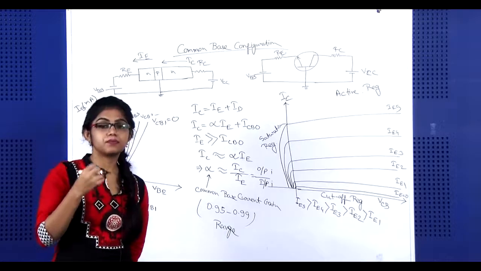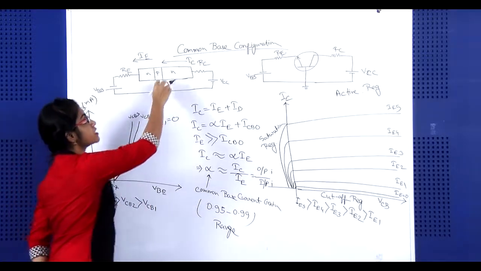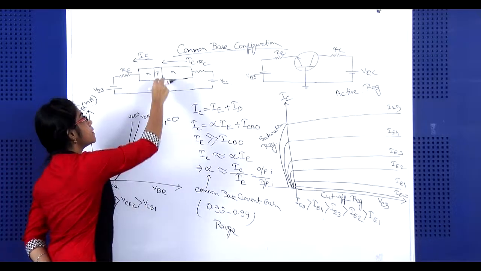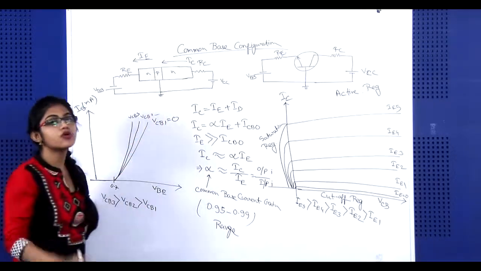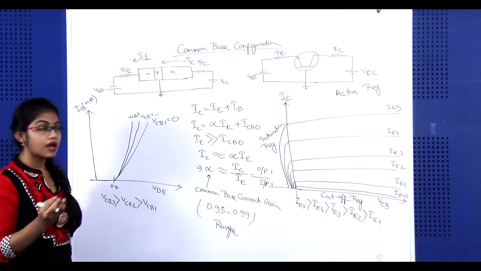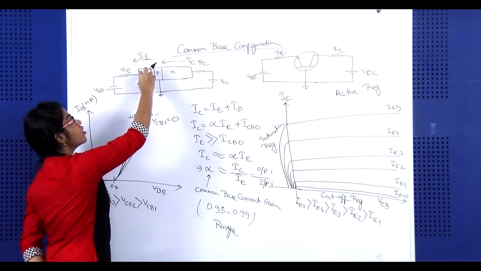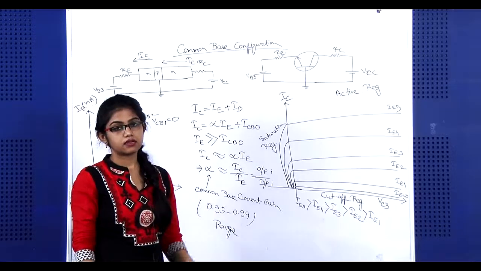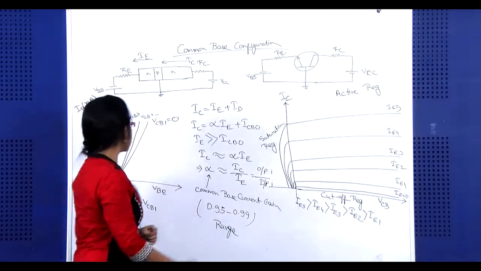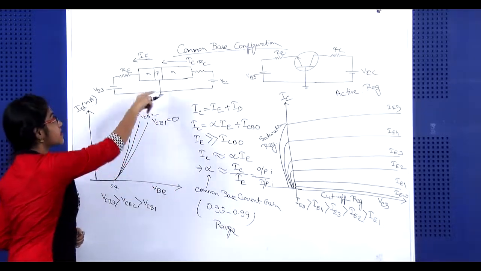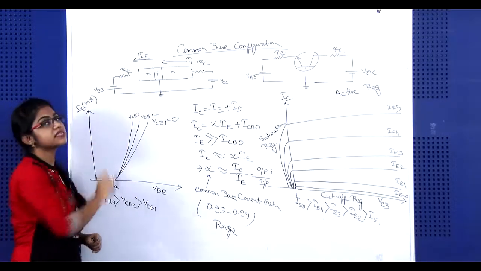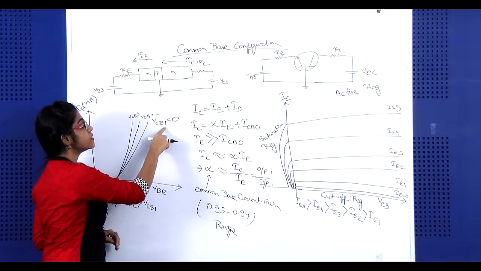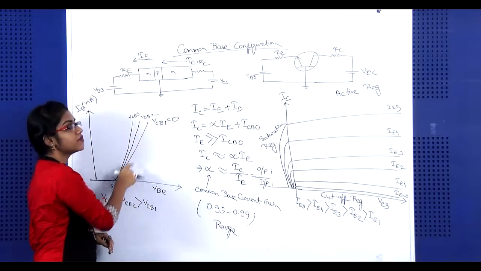So, the depletion region will be more, then the depletion region will penetrate more in the base region. For this reason more electrons will be carried over to this collector region, collector end. So, the base current will be increasing. Whenever you increase the VCB, the current you will get is more.